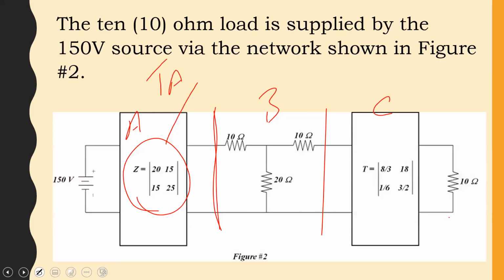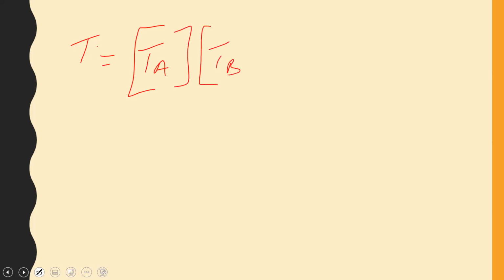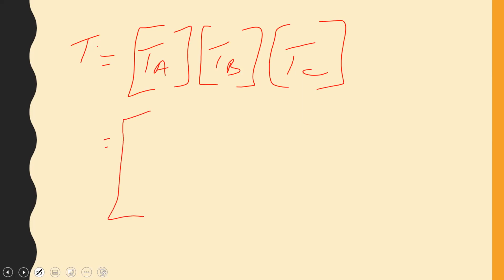All right. So we have our TB, and of course we have TC. T would be equal to TA, TB, TC. Sir, could you show your work for ZB again, sir?